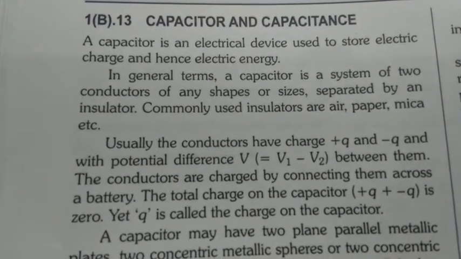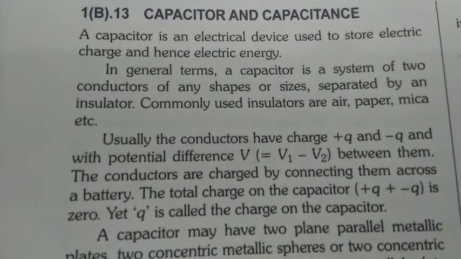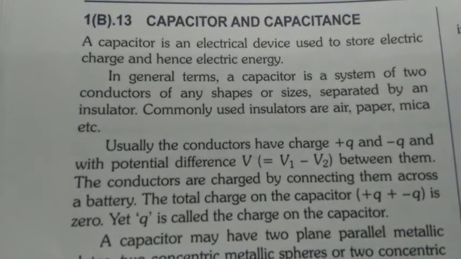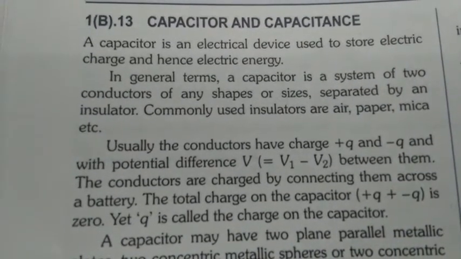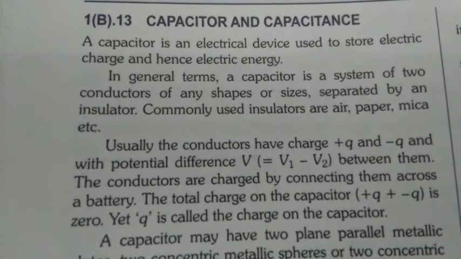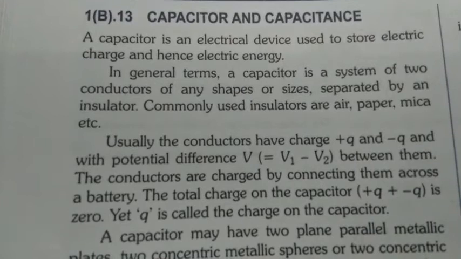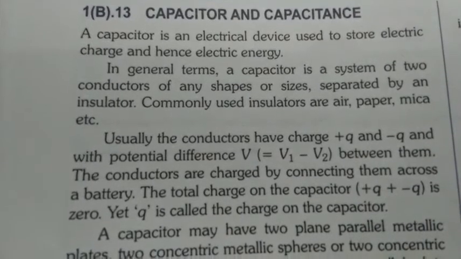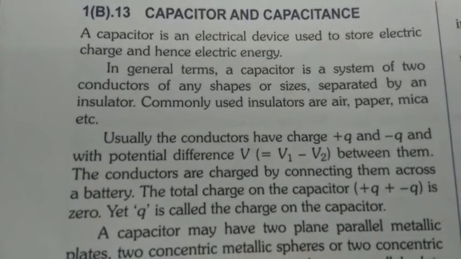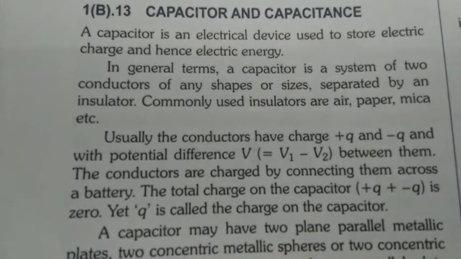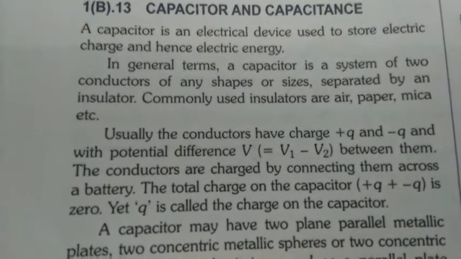But if we want it to be compact, so that the size of the conductor will not be so much, and we also want that the potential will not increase, then to overcome these two problems, one device is designed which is called a capacitor.